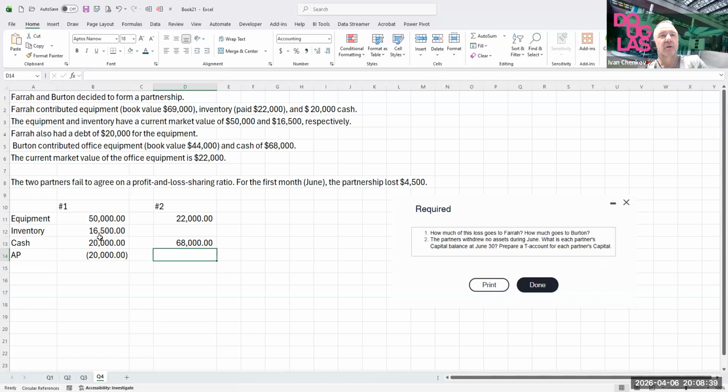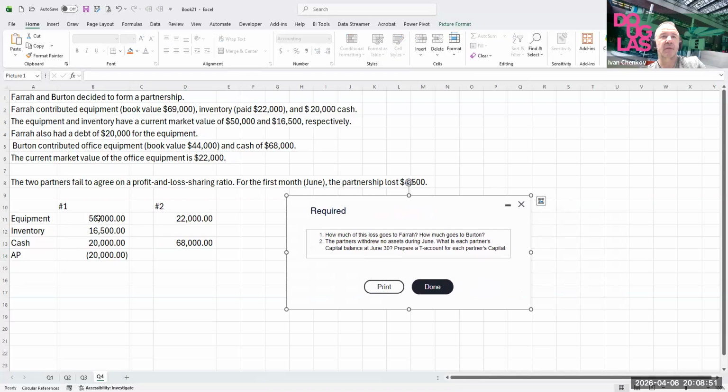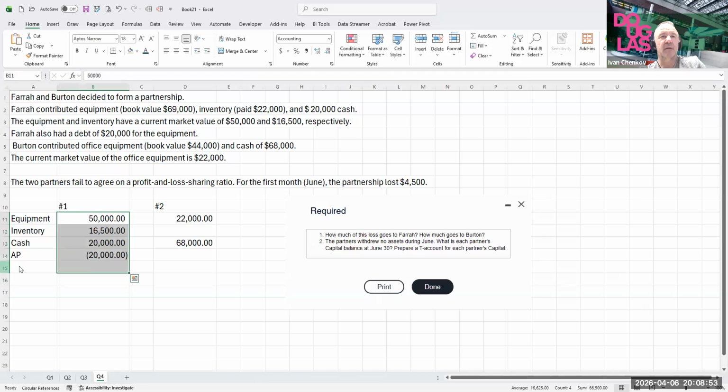So the two partners failed to agree on the profit and loss sharing ratio. For the first month of June, the partnership loss was $4,500. So let's see how much their capital.